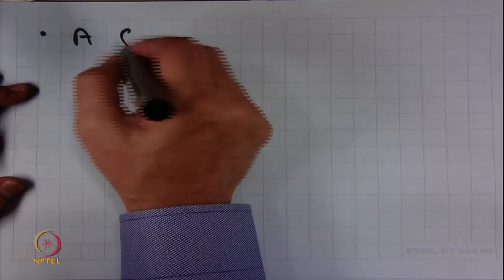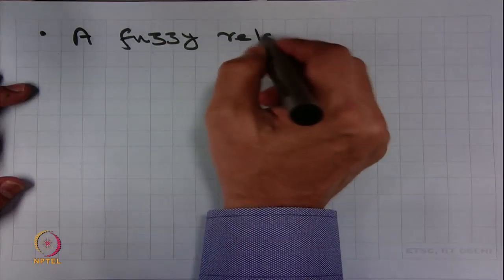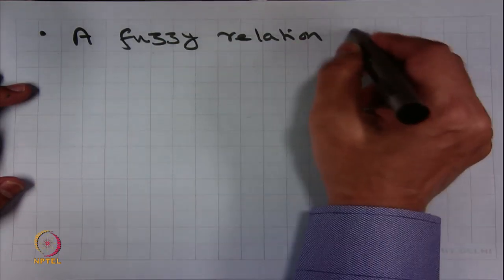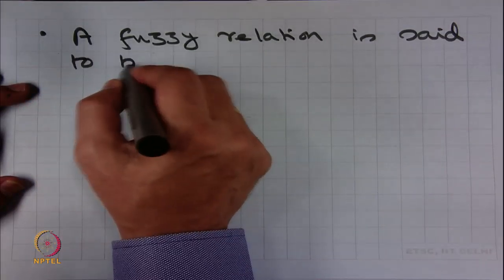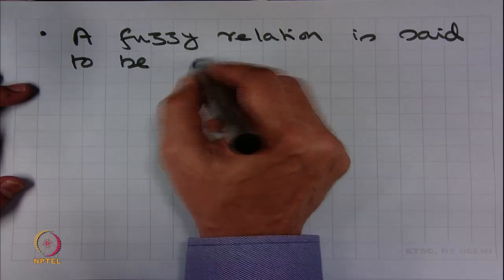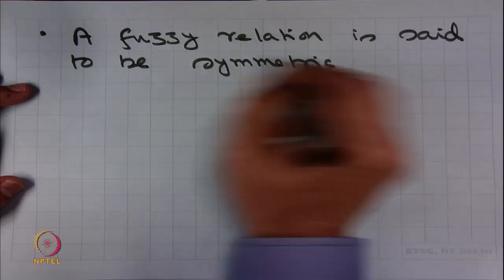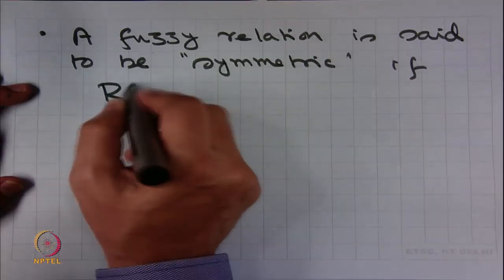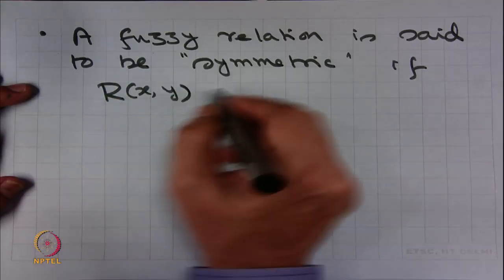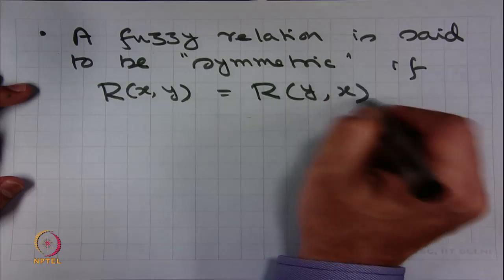A fuzzy relation is said to be symmetric if R(x, y) is equal to R(y, x).